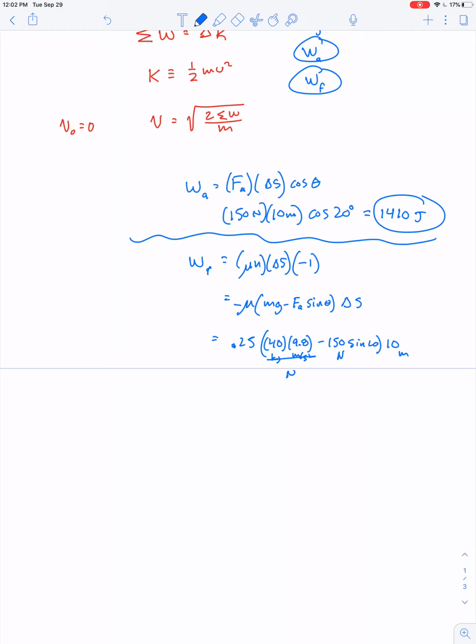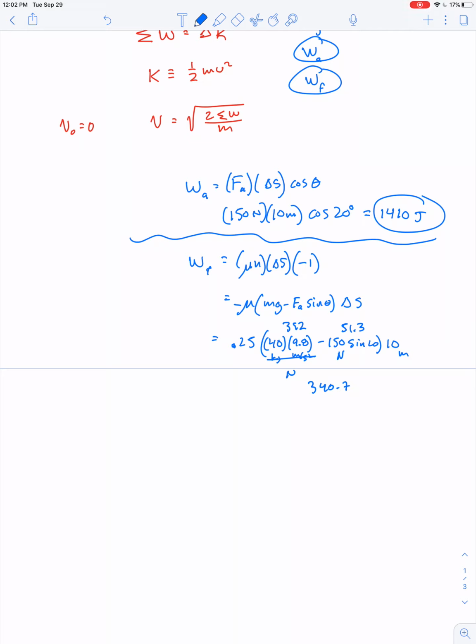When we multiply the sine of 20 times 150, we get 51.3. 40 times 9.8 gives us 392. So 392 minus 51.3 gives us 340.7. We need to multiply that times 10, and we need to multiply that again times 0.25.